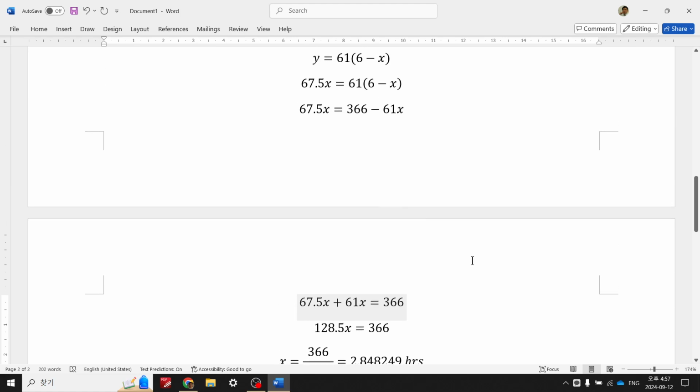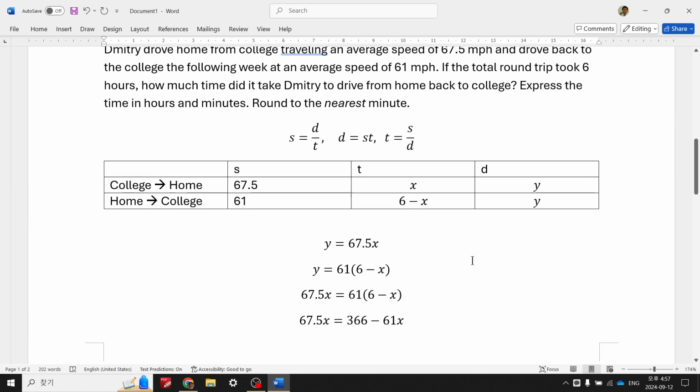Okay, but then we have to go back to see what it's really asking. The question is, how much time did it take Dimitri to drive from home back to college? Okay, so is it asking for x or 6 minus x? Which one is it? It's asking for 6 minus x, right? Yeah, so good, you're reading the question. Okay.